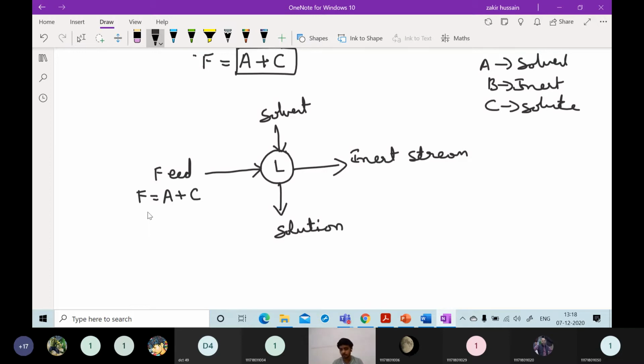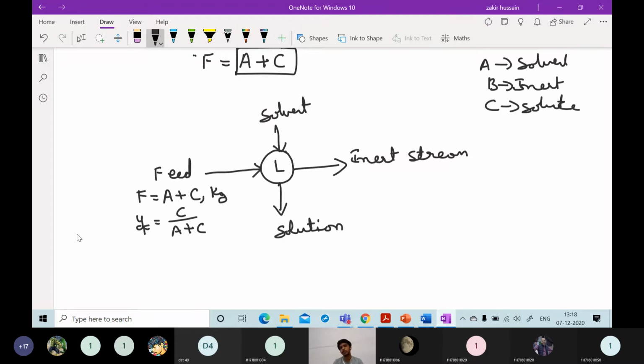In order to take care of the solute content only, we apply mass fraction. The units will be kg. The mass fraction of solute in the feed stream is denoted by YF, which is C by A plus C, on a B free basis.